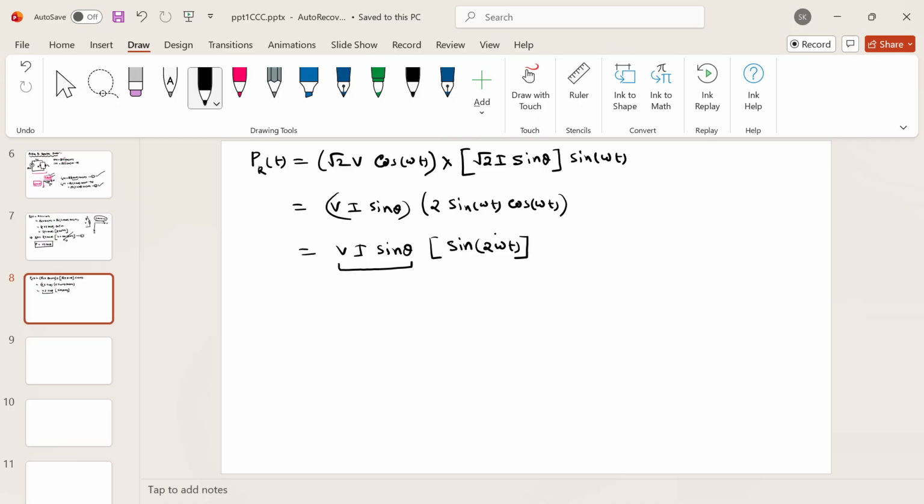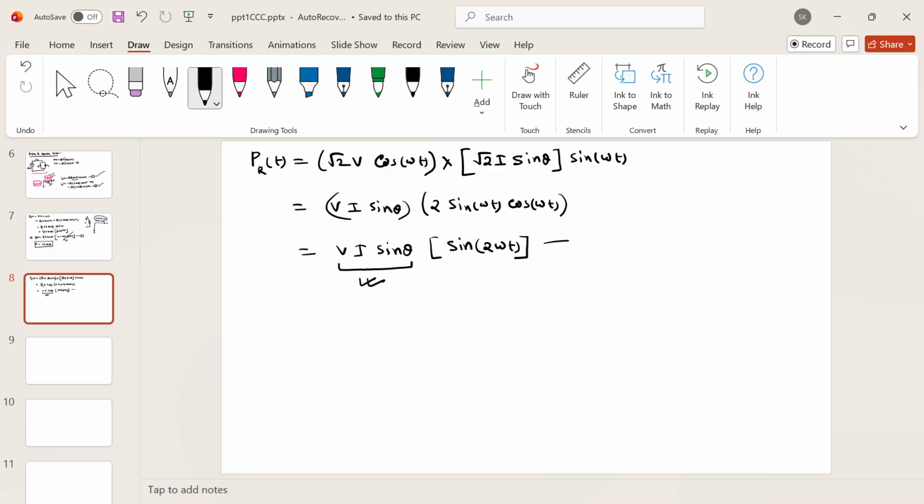If you take the average of this equation, sin 2 omega t, its average value is simply 0 and its peak value is Vi sin theta. So the peak value of this oscillating waveform is basically called reactive power, and it keeps flowing from source to load to source, like that it will be flowing, and this is something we call reactive power.